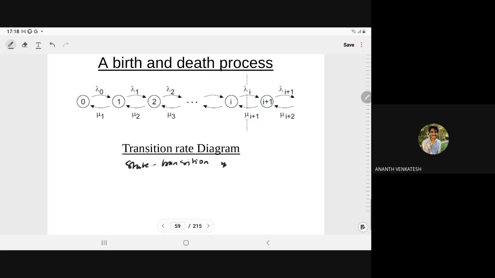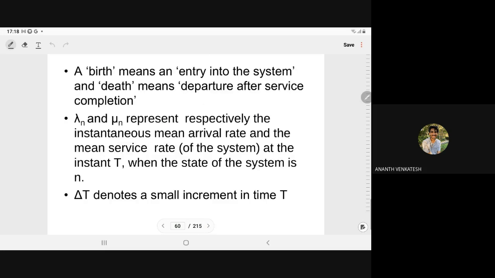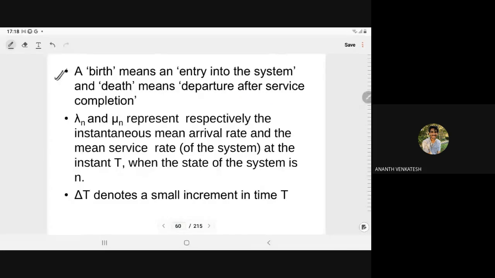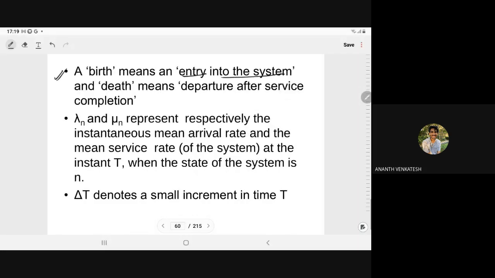Now from this state transition diagram, we develop the governing differential difference equations. So how can we develop them? As I have told you, the meaning of birth is the entry of the customer in the system, or arrival of the customer in the system, and with the birth there is always an increase in the number of customers. Death here defines the departure after having the service, and due to death there is always a decrement in the number of customers.